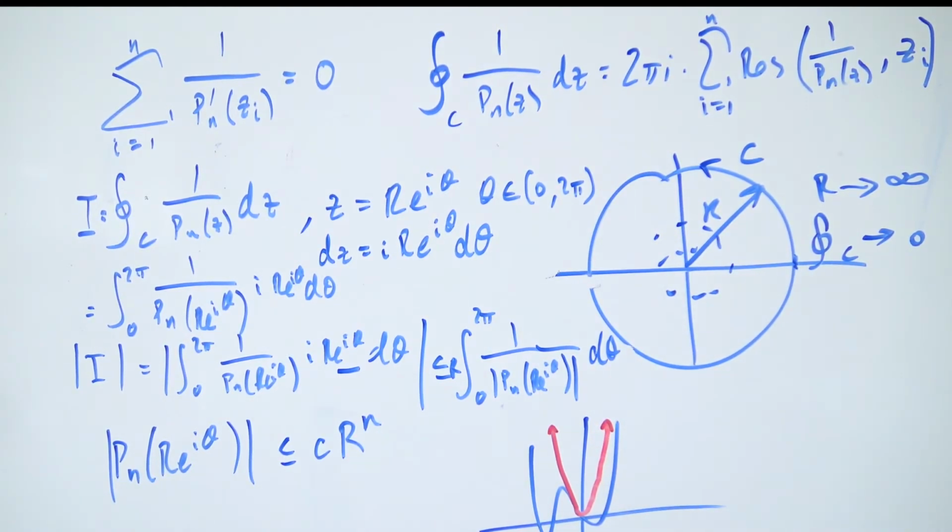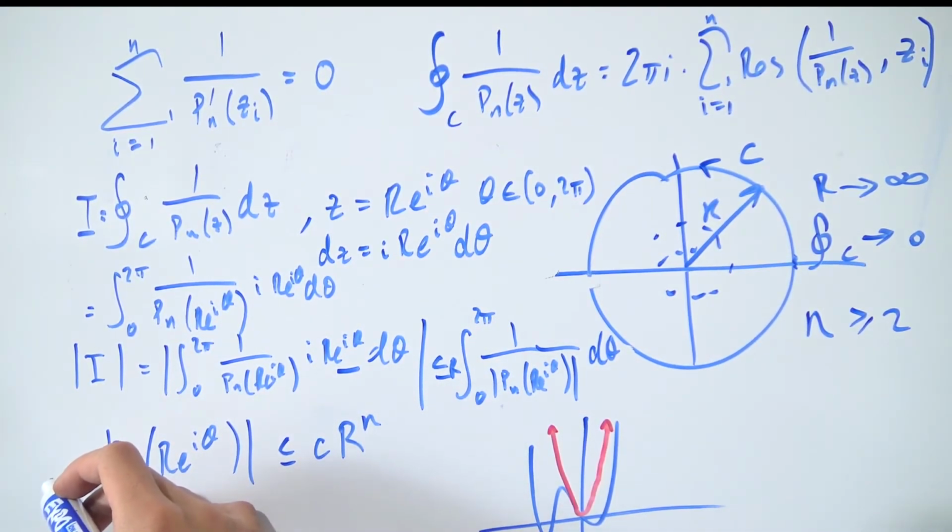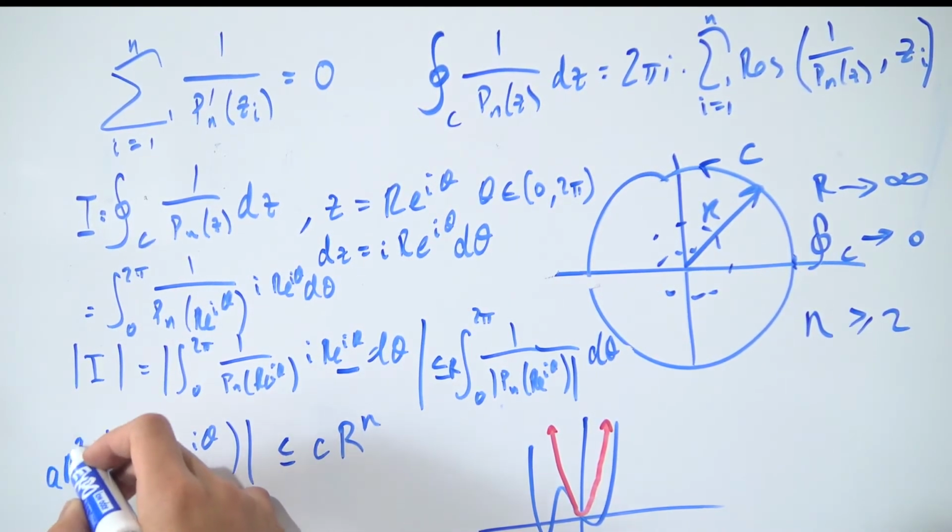And similarly, we can say that it's greater than or equal to a lower bound. At the very start, I said that our n was greater than or equal to 2. That means we can find a lower bound because our n can't get smaller than 2. We can say that it's always bigger than some constant, I'm going to call it a now, times r squared.